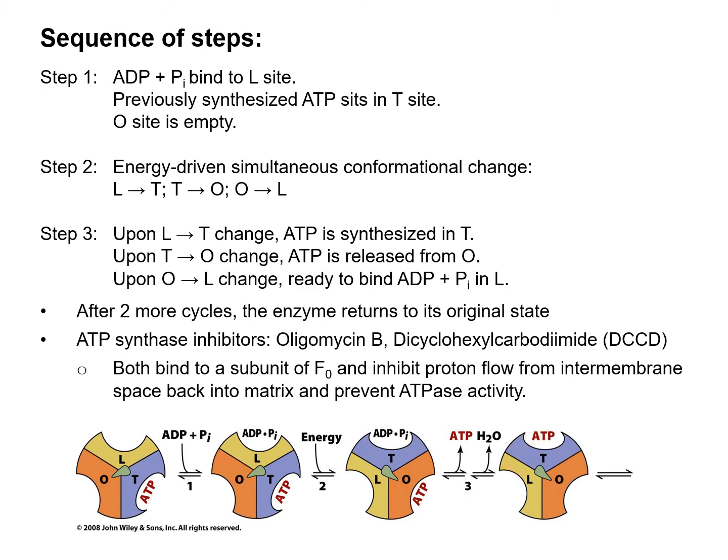So basically, after 2 more cycles, the enzyme will return to its original state. There are several ATP synthase inhibitors, such as oligomycin B and DCCD, and both bind to a subunit of the F0, which is not shown right here, and they inhibit the proton flow from the intermembrane space back into the matrix and prevent ATPase activity.